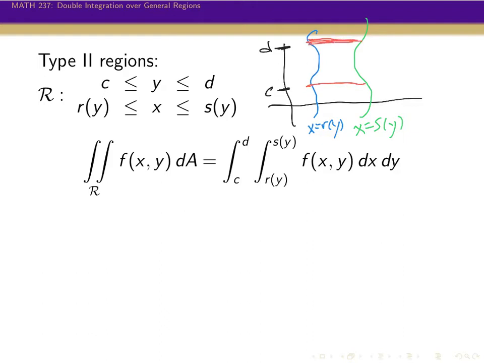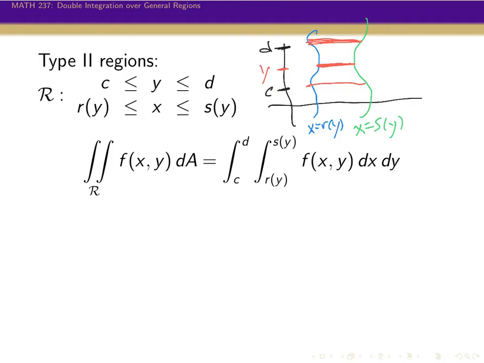And the idea here is that if I take some y value between c and d, I can draw a nice horizontal line across that goes from the inside r of y function here to the outside s of y function there.